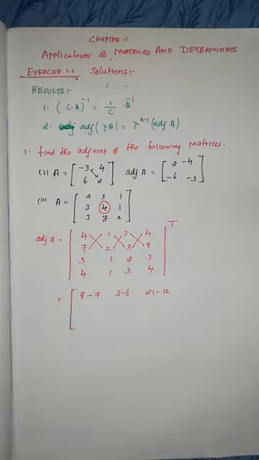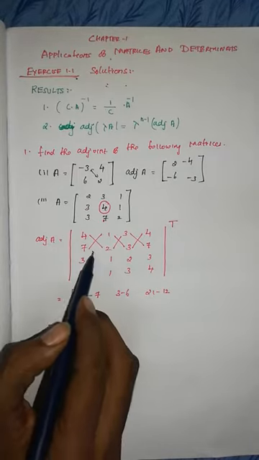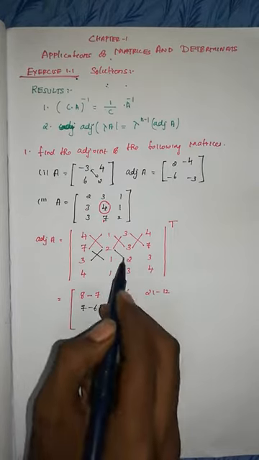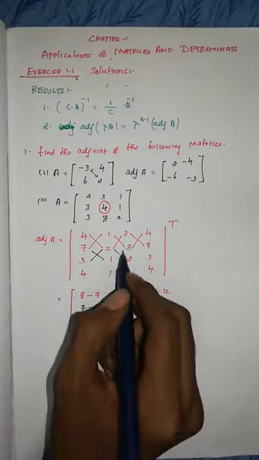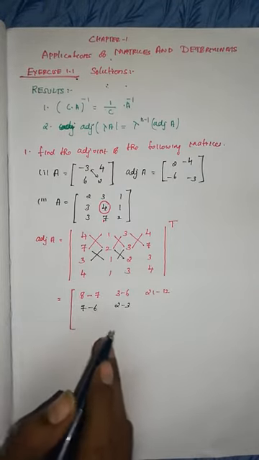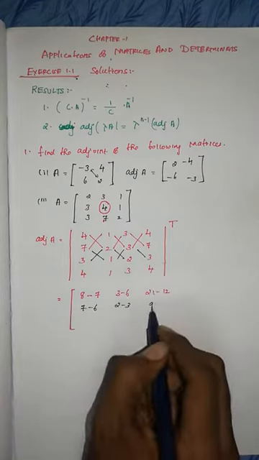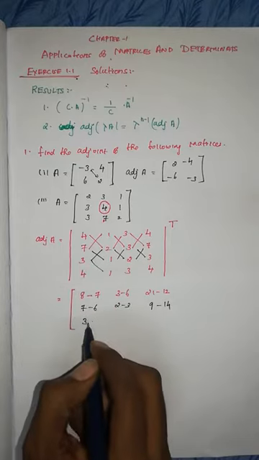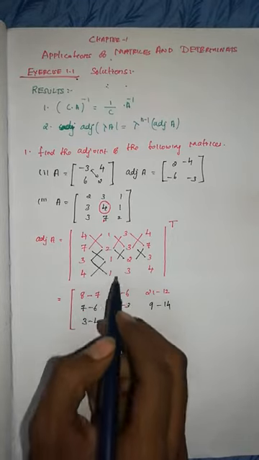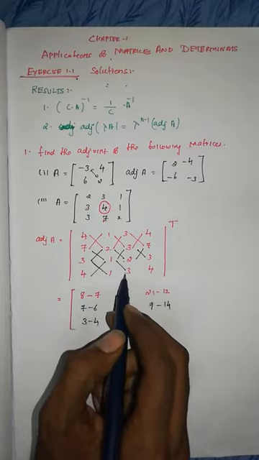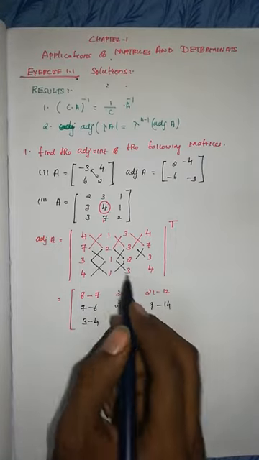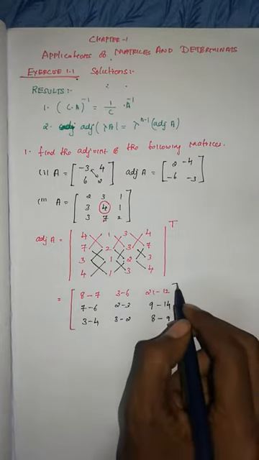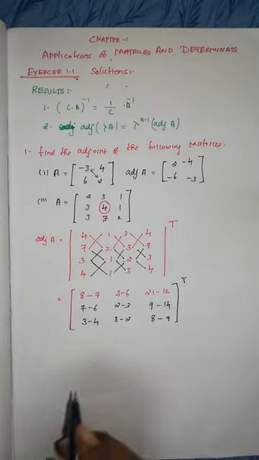And again you take the next row which is 7 minus 6 and 2 minus 3. In between you have to put minus and you have to be very careful, and 9 minus 14, and again 3 minus 4, and 1 into 3 is 3, minus 2 into 1 is 2, and 2 into 4 are 8, minus 3 into 3 is 9, and then transpose.